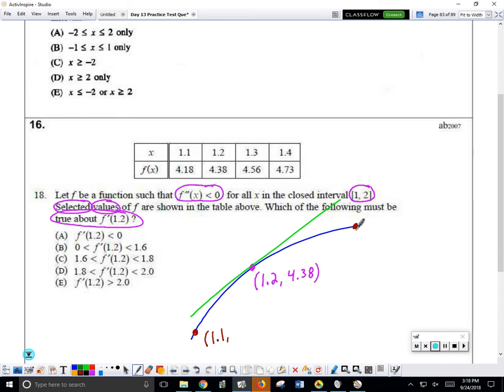I actually do have a question. Please. In the question, it says what must be true about F prime of 1.2. How do you know that it's asking about the tangent slope at that point and not just the actual point? Or are they the same? You really don't.